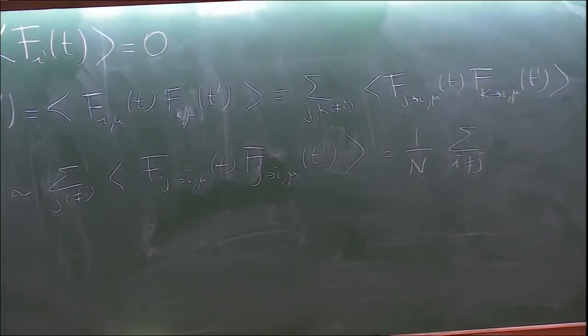But I agree, this is actually a very tricky point, and as I told you, this is not going to be a fully satisfactory derivation. You just have to try to follow the idea. I will get to a result, and then the result can be obtained in a rigorous way.